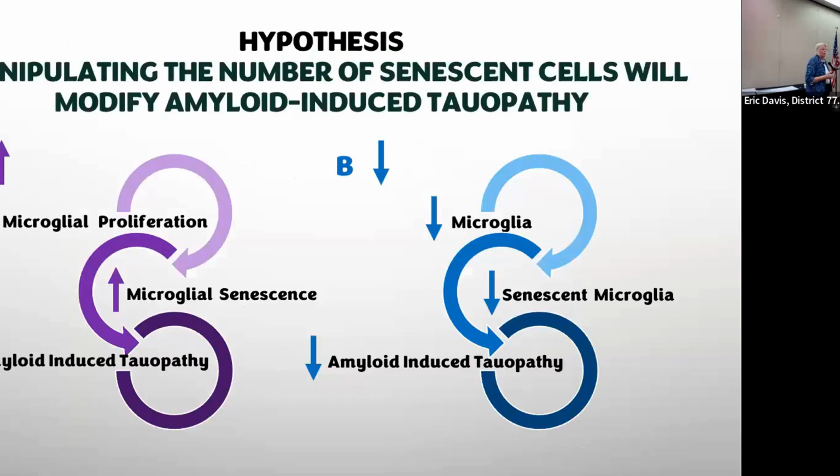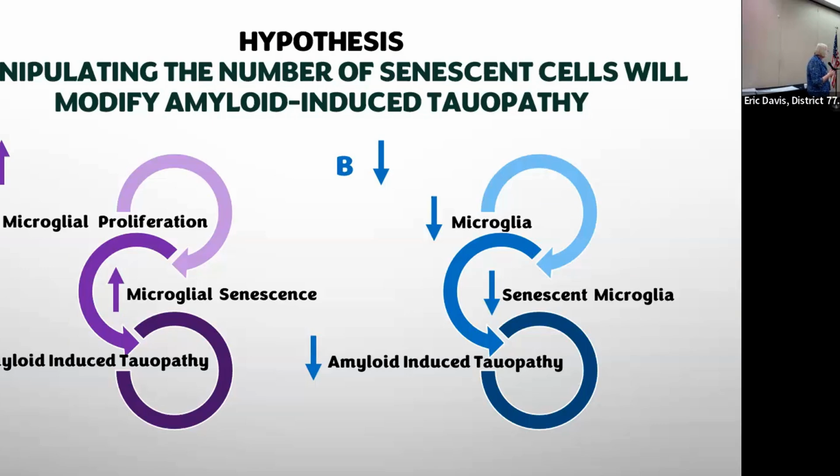When scientists design a series of experiments, it's always good to do some experiments where you increase whatever it is, the gene, the protein, the senescent cells, to see what happens, a proof of concept type experiment to see where that leads you. But in Alzheimer's disease, we are also very interested in coming up with therapeutic strategies to reduce the thing that we're interested in.